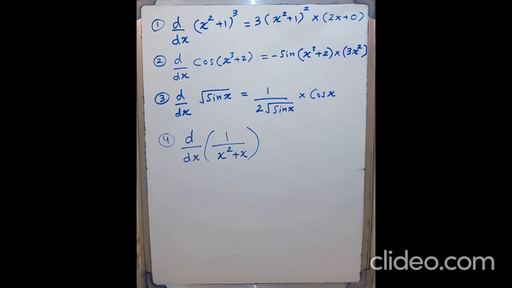If we observe the function properly, we can say that this question we can also solve by using quotient rule or the division rule. That is also a correct method to do it. But we will try to solve it using our shortcut method.